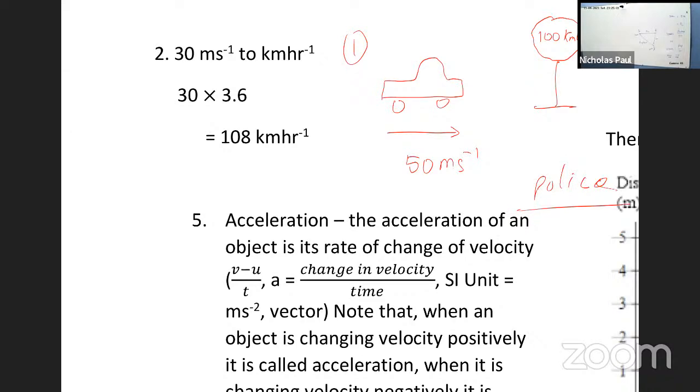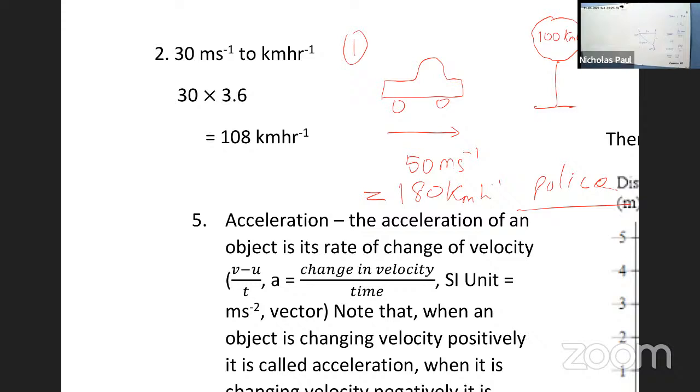You can work it out and tell me if you'll get a ticket or not. How much is 50 meters per second in kilometers per hour? 180. Yeah, we'll take it for sure.